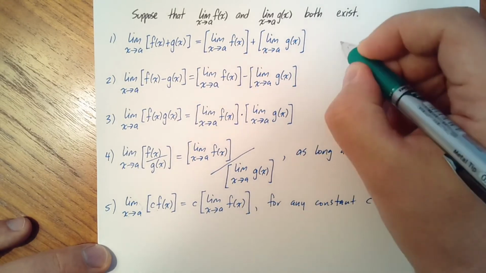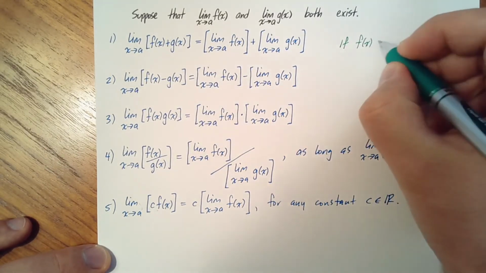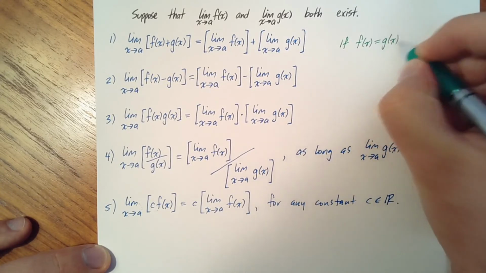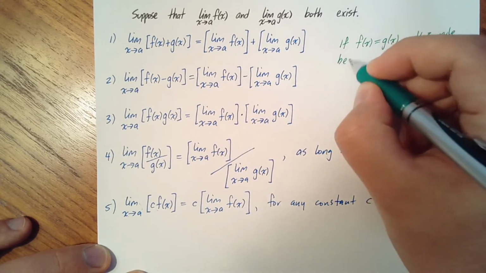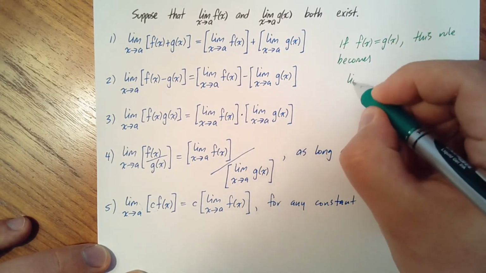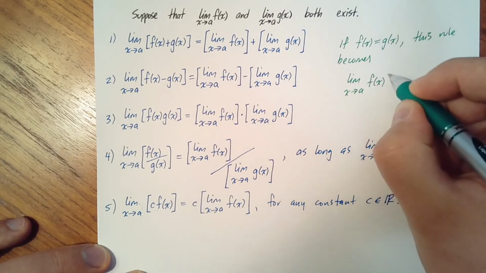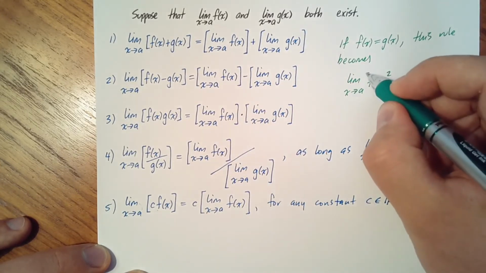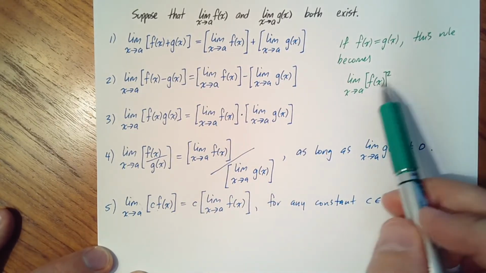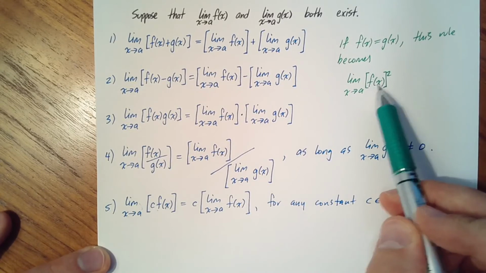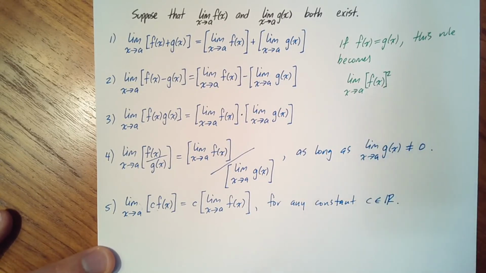I'll add a note up here. If f of x equals g of x, this rule becomes the limit as x approaches a of f of x squared. I'll just put square brackets around the function to make it clear that the entire value of f of x, the output from the function, is then squared, and then whatever this function is, that's the one you take the limit as x approaches a of.